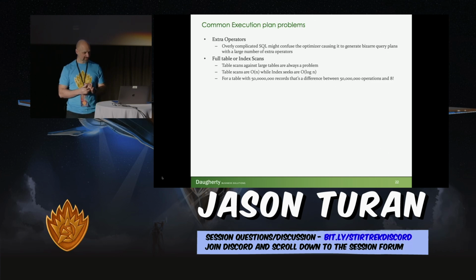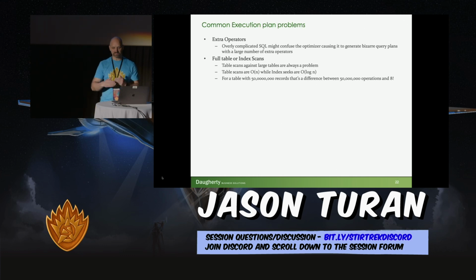And then the next biggest problem is doing table scans against large tables. Obviously, a table with 50 million records is going to take a lot more time to search through every entry than one with 10,000 records or 1,000 records. So when you take a look at your query plan, try to find the most expensive ones, the biggest tables, because that's where you'll get the biggest bang for your buck.